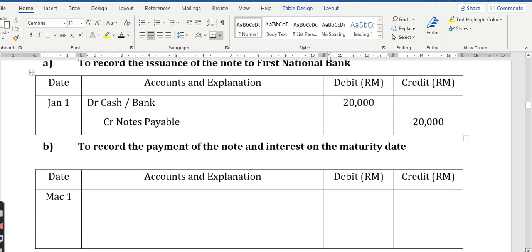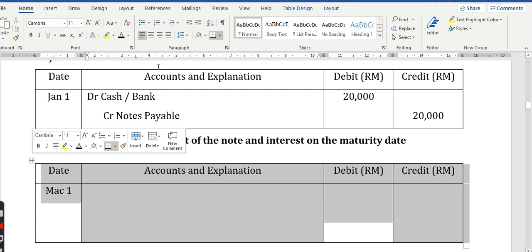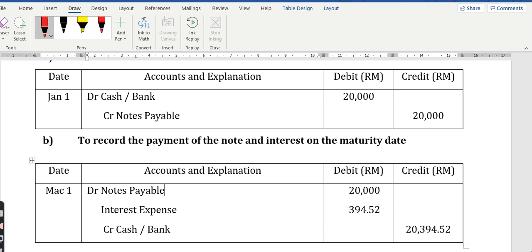So both amounts will be credited from either your cash account or your bank account. The amount that you need to pay on the maturity date is 20,394 ringgit and 52 cents.